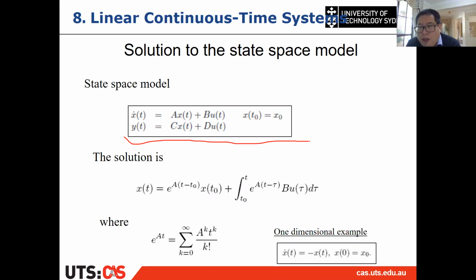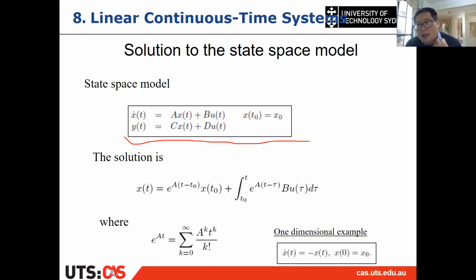And if you remember, we introduced a lot of examples of how you can formulate the control system from a real case, right? So why we use the state space model for control is that it's quite easy to formulate from the real case. If you remember, we always start from Newton's second law to formulate the physical formulation, and then we can convert that physical formulation into this standard formulation of the state space model.